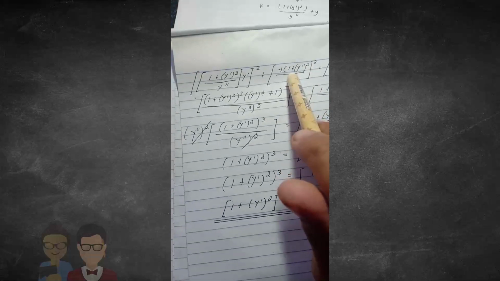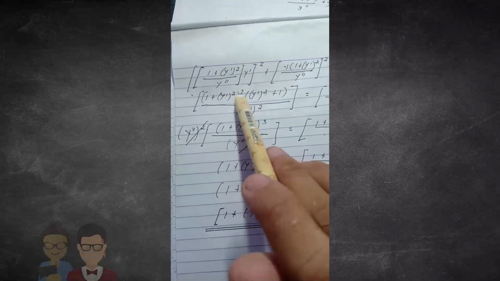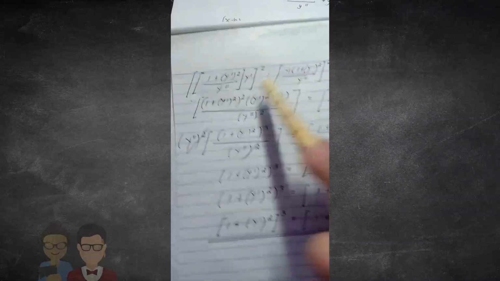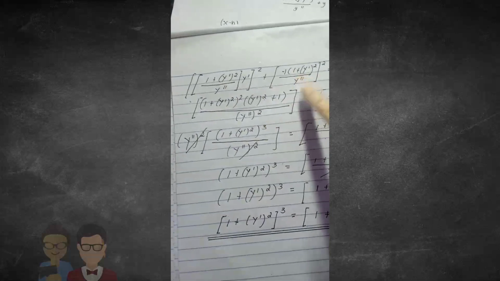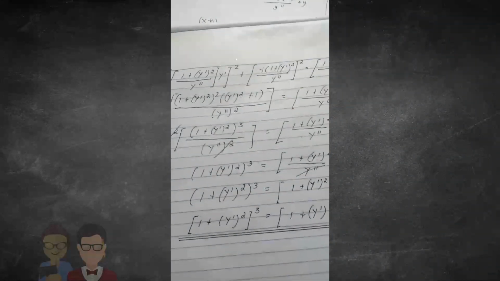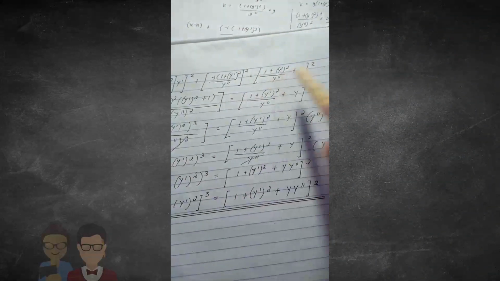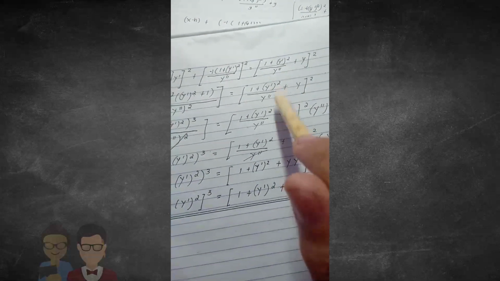Okay, so it would be (1 plus y prime squared) times (y prime squared plus 1) over y double prime squared. So that is the equation on the left hand side. However, in the right hand side, we do have the k squared, which is this. We just left it the way it is for now, for a moment.